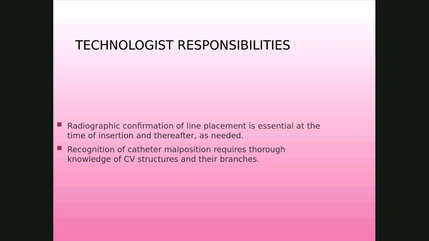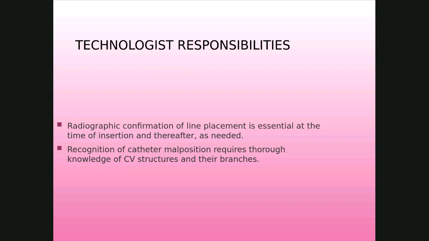So we don't read the image, we don't interpret the image, but what we can do is recognize that malposition and inform the person that's responsible that placed it, or the radiologist.